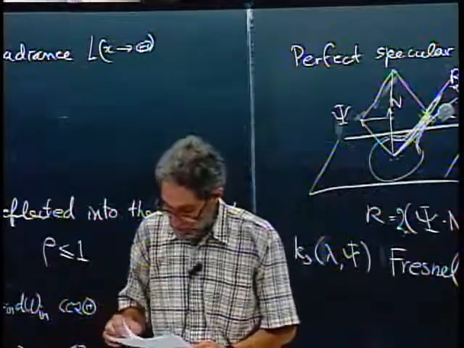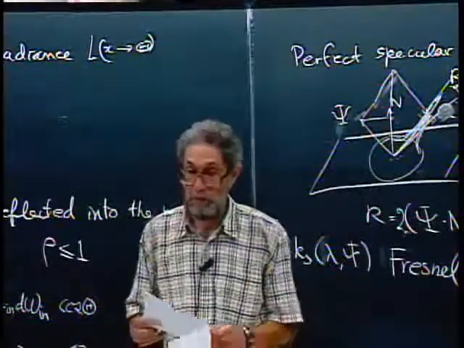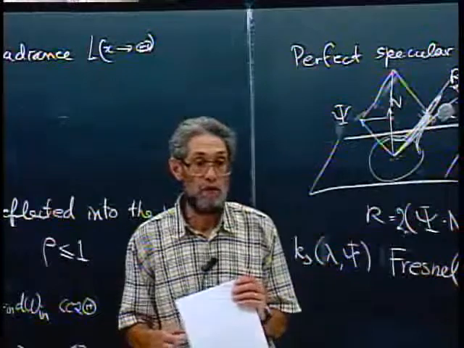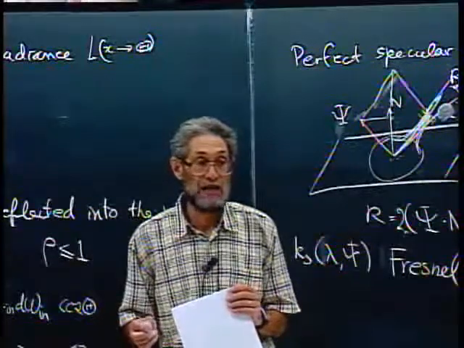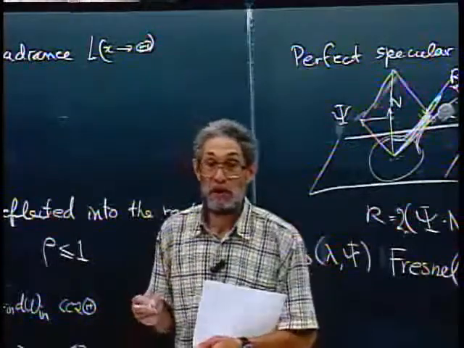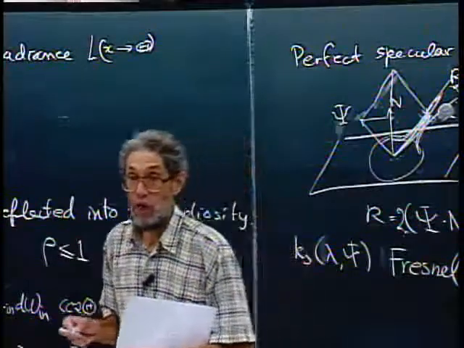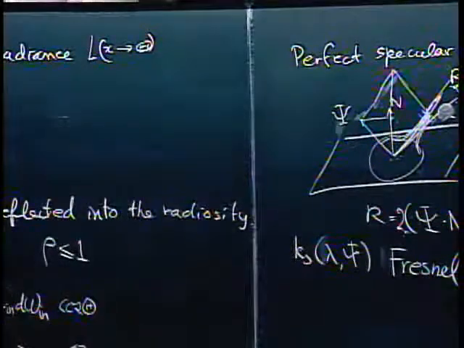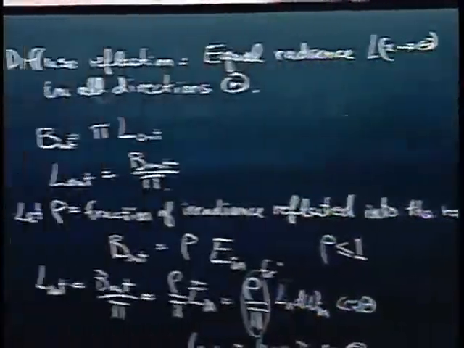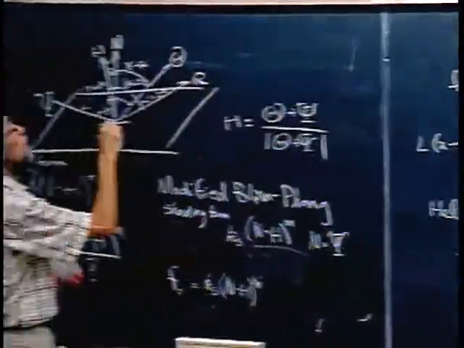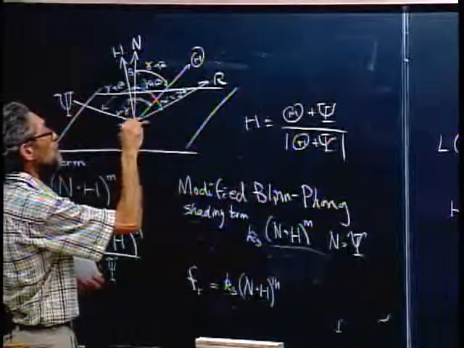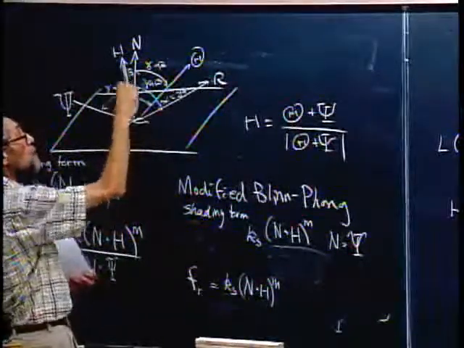Okay, so then the book talks about the Torrance-Sparrow-Cook shading, which actually is physically in terms of microfacets. In other words, you think of the surface as being made of a bunch of little wiggly facets, which are mirror-like facets, and maybe one of them is actually sloped perpendicular to this h direction.